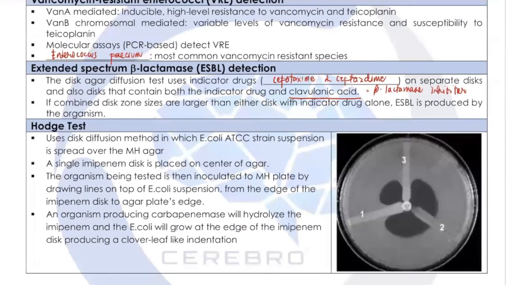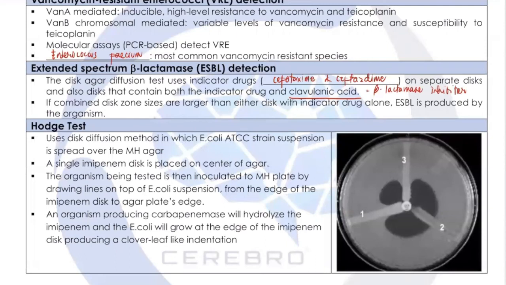Kasi yung punto lang naman dito, let's say for example, if the organism is a beta-lactamase producer, magiging narrow yung kanyang zone of inhibition for the indicator drugs. However, if nilagyan mo ng clavulanic acid, lalaki yung zone of inhibition. Why?